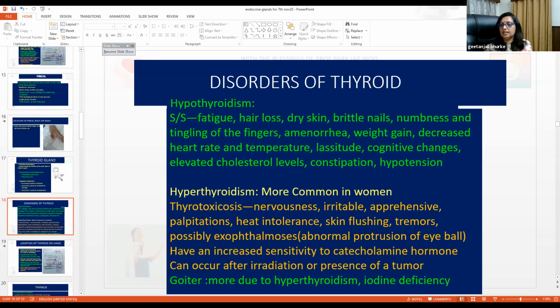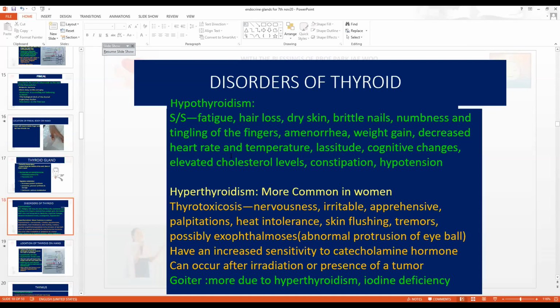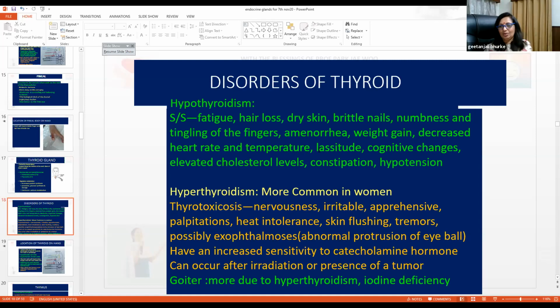You can all read this. Amenorrhea is no periods, or no menstruation, weight gain, decreased heart rate and temperature, lassitude, which is like you don't want to do anything, cognitive changes, elevated cholesterol levels, constipation, hypotension.